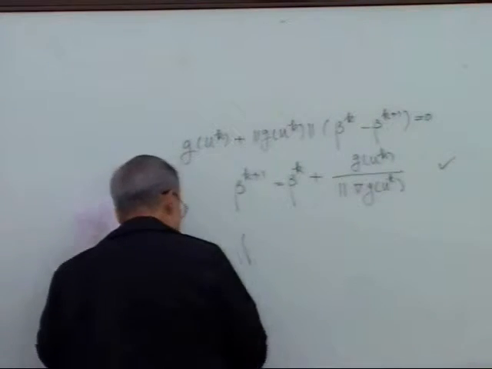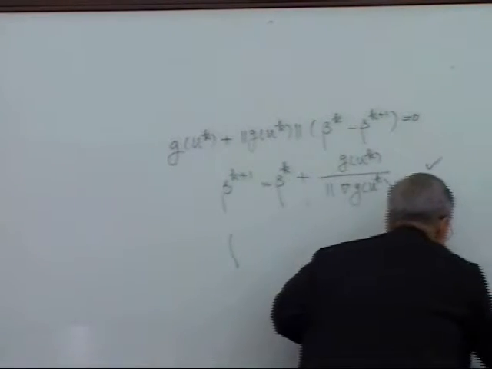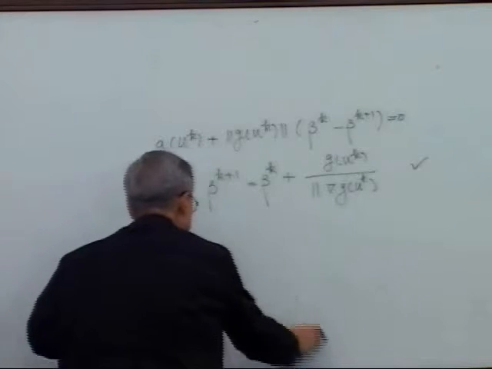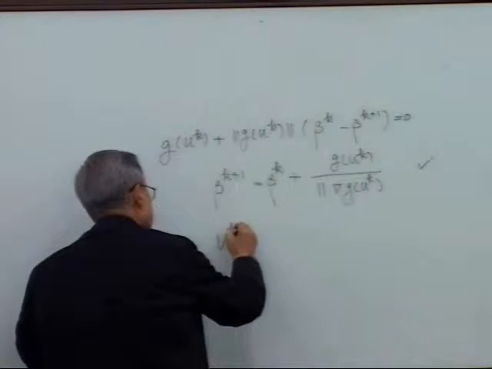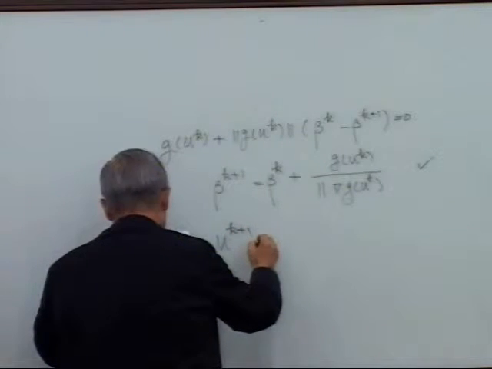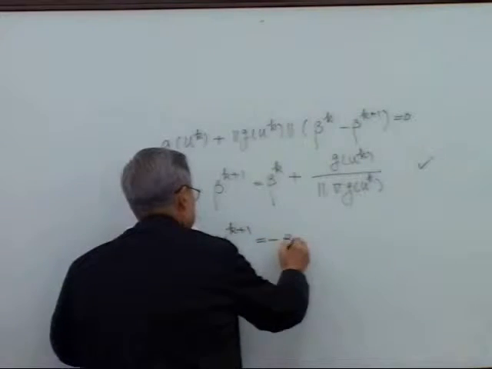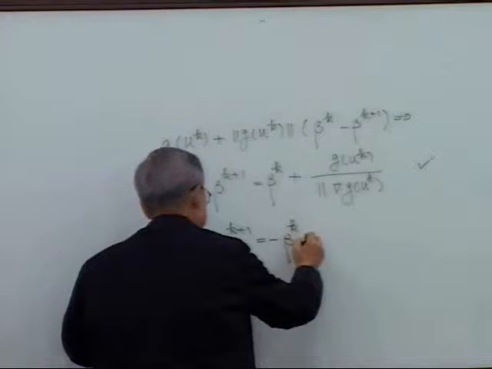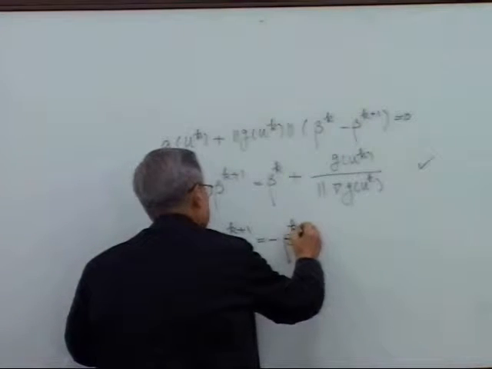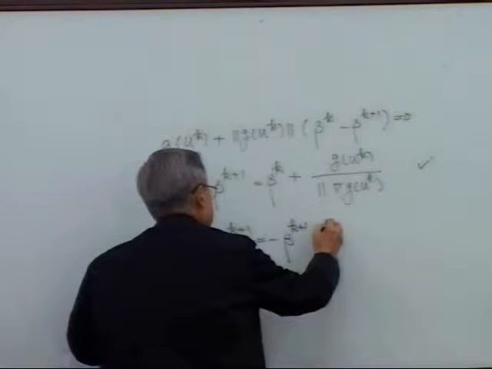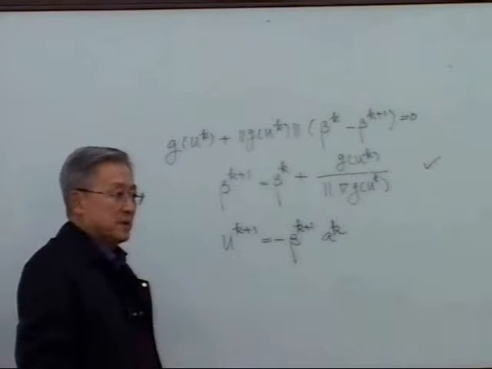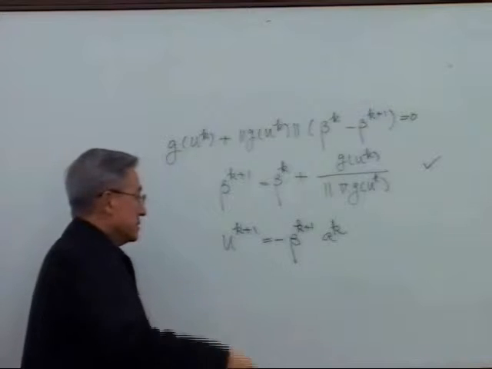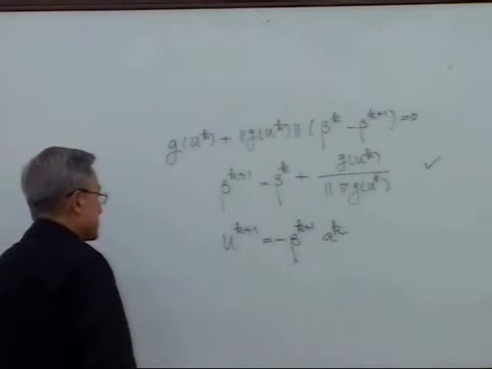Then for updating the u, u_{k+1} is equal to minus beta_{k+1} times the unit gradient. This is on the previous page, where we have the derivations and all that.